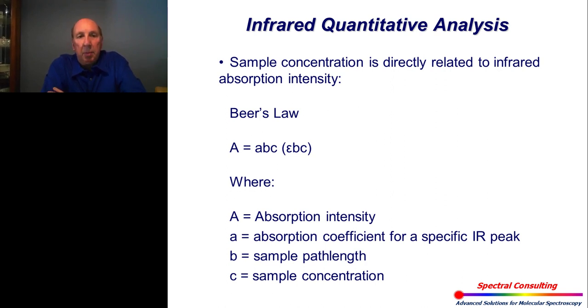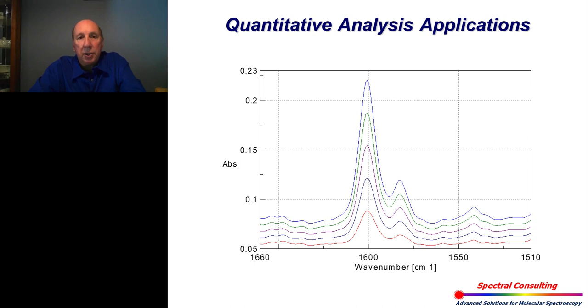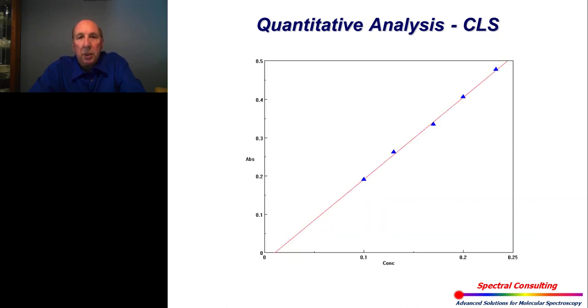Basically, the coefficients fall out, so we have a direct correlation between capital A, the absorption intensity, and the sample concentration. We plot the peak intensity or peak area versus the concentration, and we develop a calibration curve like this, where we see a fairly straight line that can be drawn through all the different points based on that peak height or peak area.